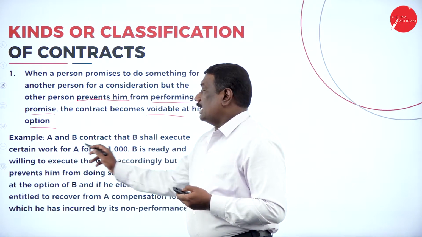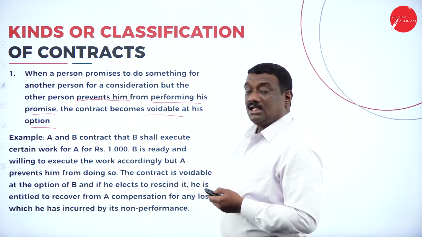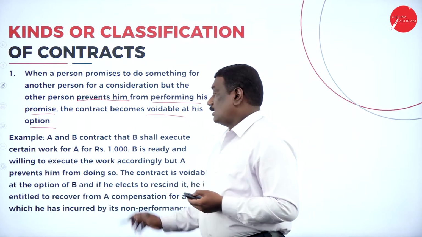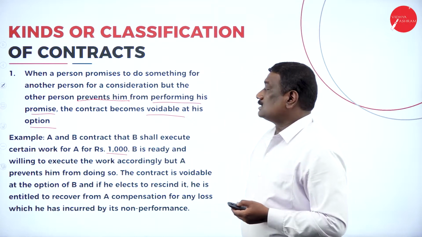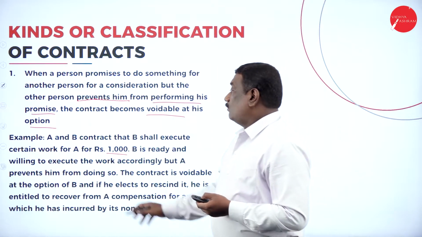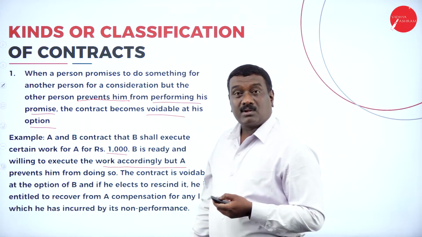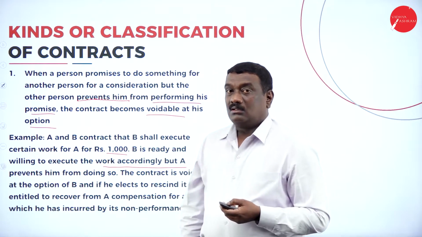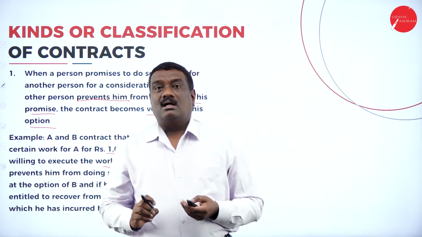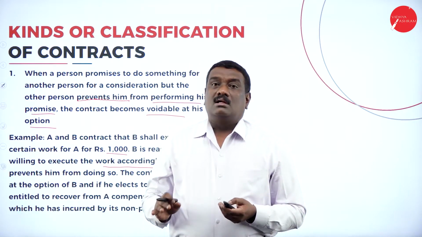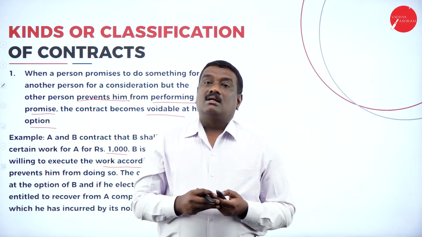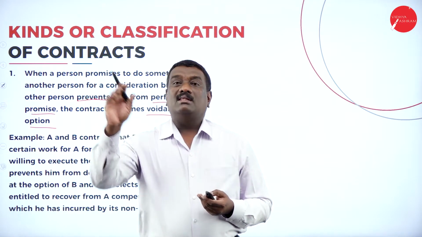For example, it says A and B enter into a contract and B shall execute some work for A for rupees 1000, but B is ready and willing to execute that particular work or obligation, but A prevents him from doing so. For example, I am calling a person and I want to paint my house. I tell him to paint the house, but later on I say don't paint the house.